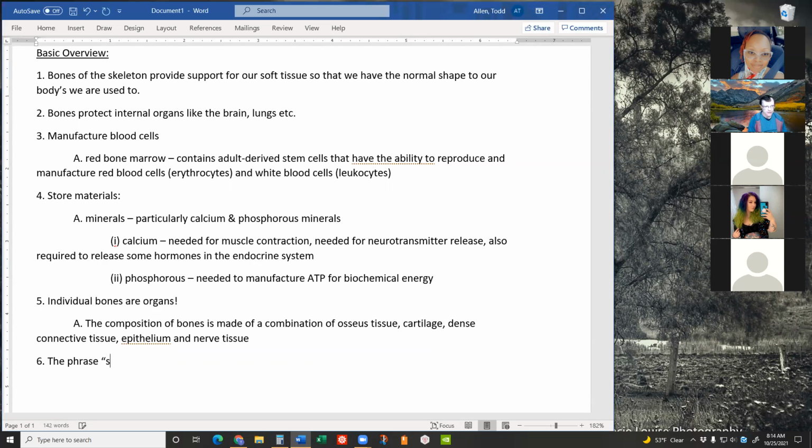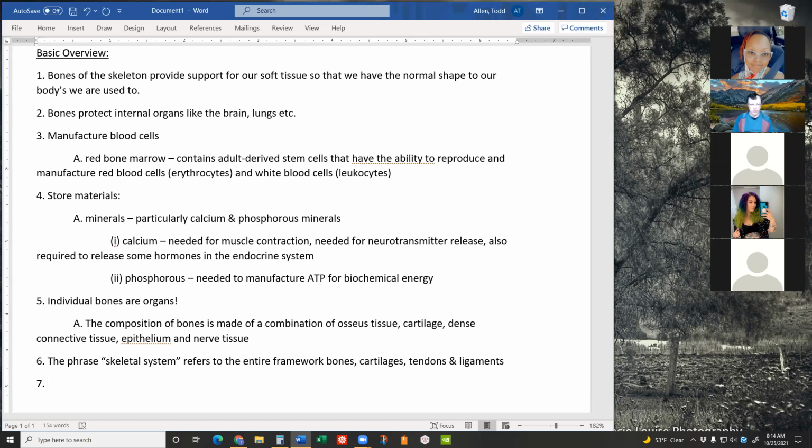The phrase skeletal system refers to the entire network of bones that makes up our skeleton, but in addition to the bones, the things that hold the bones together: pieces of cartilage, ligaments, and tendons. The term refers to the entire framework of bones, cartilages, tendons, and ligaments.